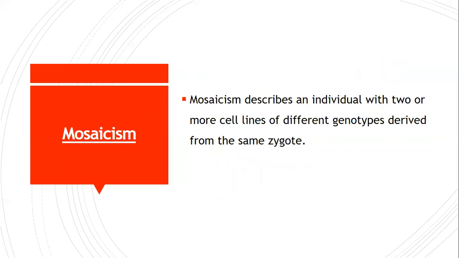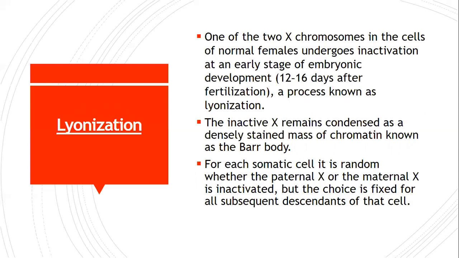Mosaicism. Mosaicism describes an individual with two or more cell lineages of different genotypes that are derived from the same zygote. Two different genotypes derived from the same zygote is called mosaicism. Then lionization.